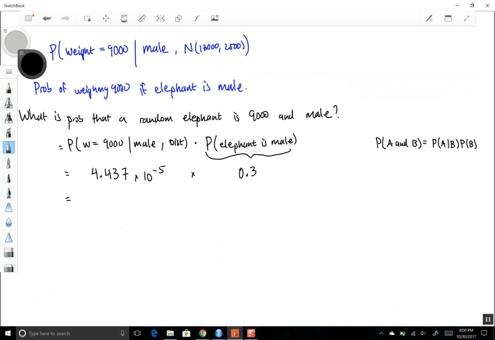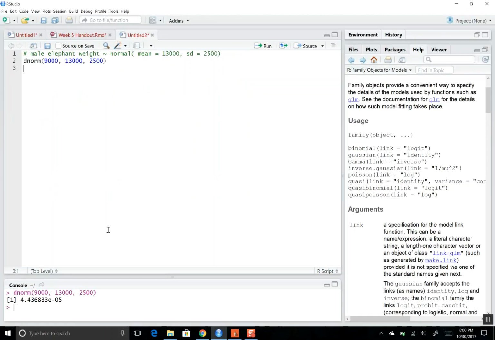Okay, so our and probability ends up being dnorm times 0.3. So this is the probability of 9,000 and the elephant is male.